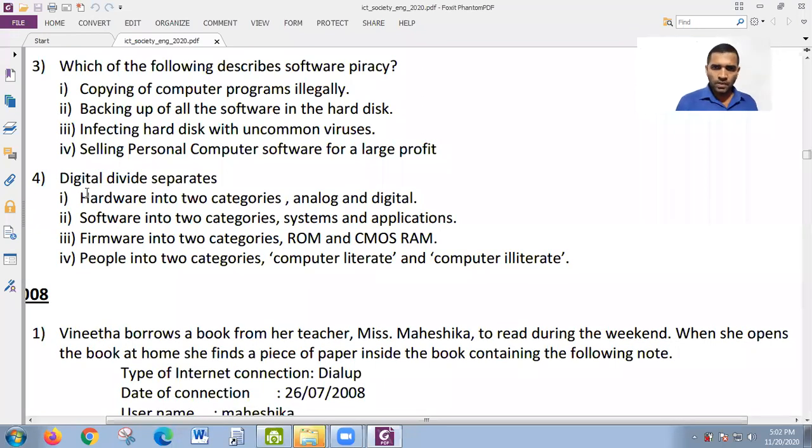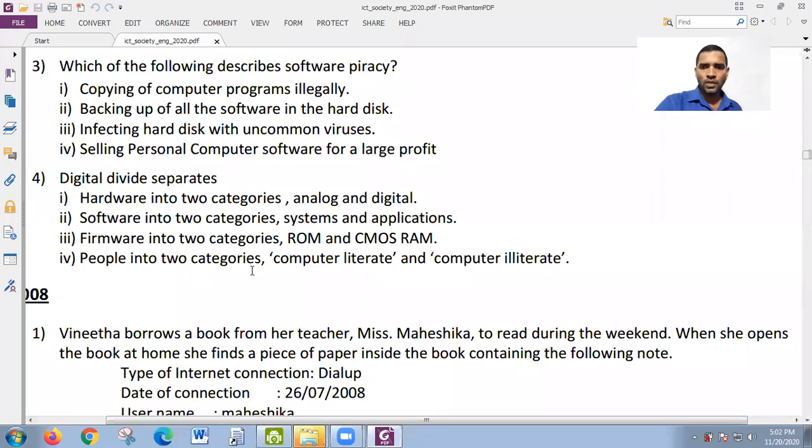Digital divide separates. How many times we have seen such questions, right? Digital divide. Look here. First, hardware into two categories, analog and digital. Second, software into two categories, systems and applications. Third, firmware into two categories, ROM and CMOS RAM.